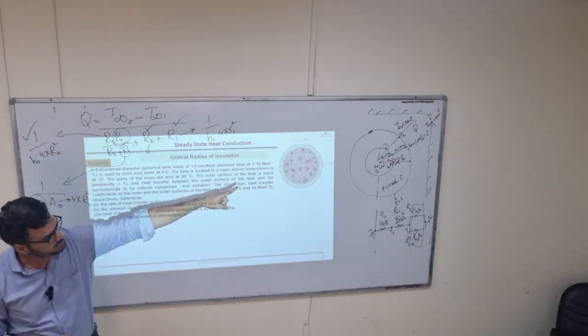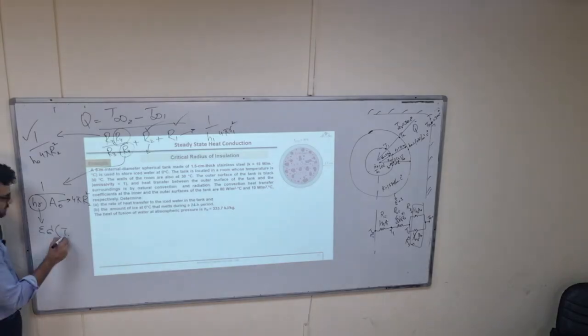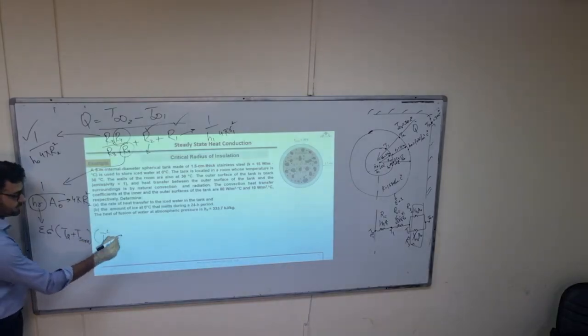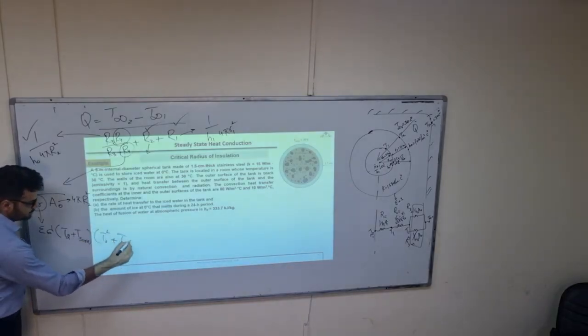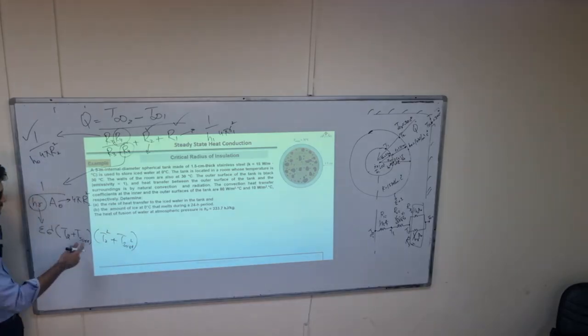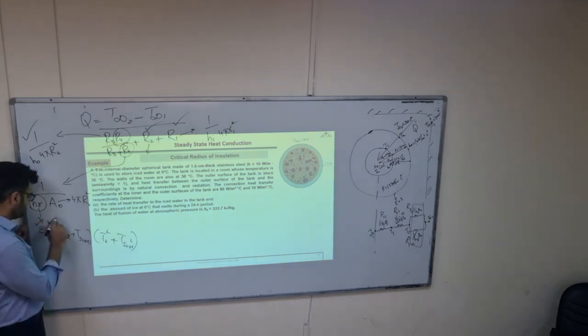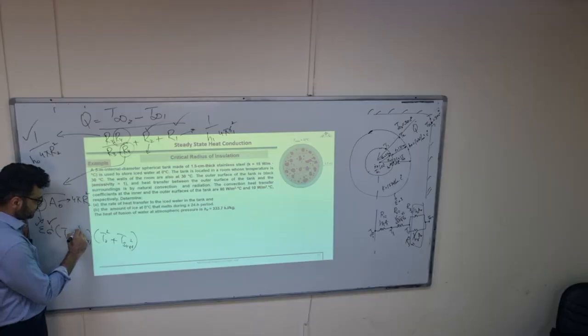T2 and T surrounding. So it was Epsilon sigma into T2 plus T surrounding, into T2 square plus T surrounding square. See chapter 1 if you forgot. But here now let's see what is given. Epsilon given, sigma given, T surrounding given.